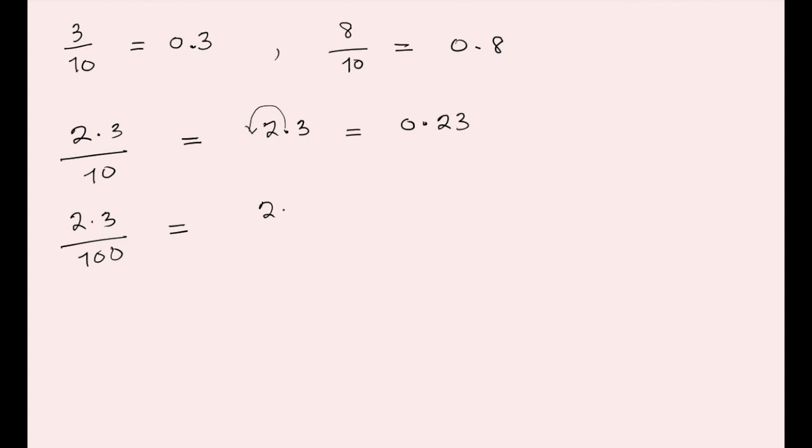In this case, we'll move our decimal place 2 places to the left. So 1, 2. Decimal point is here. We have to fill this with a 0. So our answer is going to be 0.023.